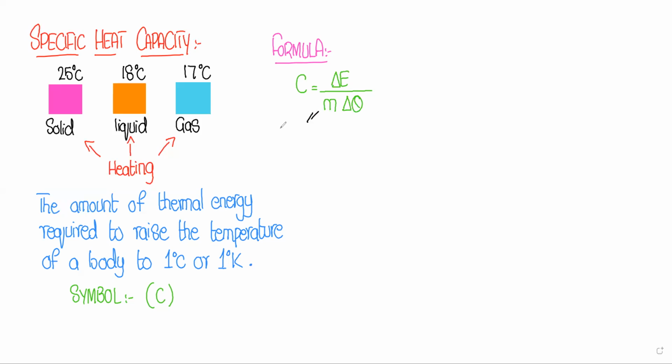So m represents the mass of the body, C represents the specific heat capacity, E represents the amount of heat energy, and delta theta represents the change in temperature, right?